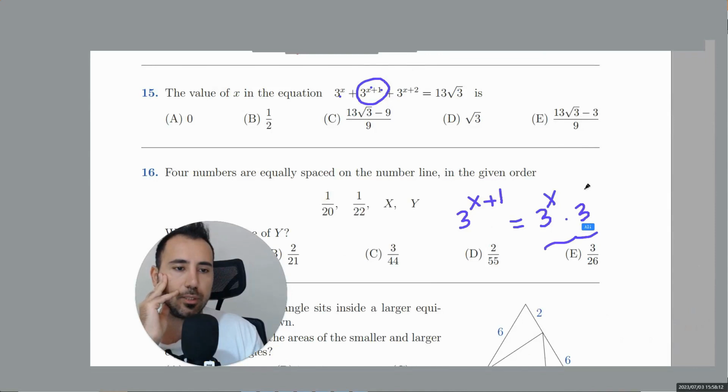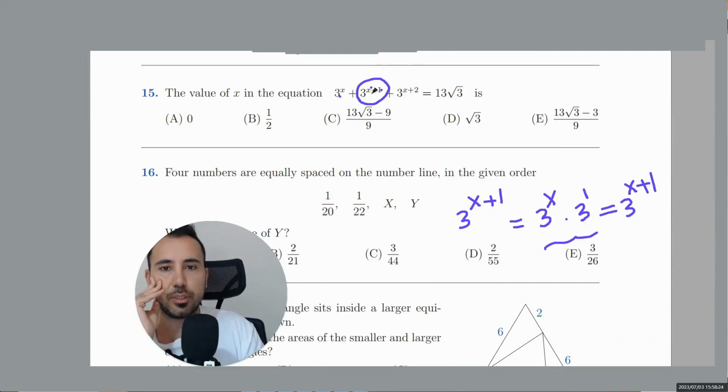You say, okay, the power is 1, bases are the same, so you write them and then you add the powers, right? This is what you do. So now we just have to do it in the opposite direction. So here, instead of this, I'll write 3 multiplied by 3 to the power of x.